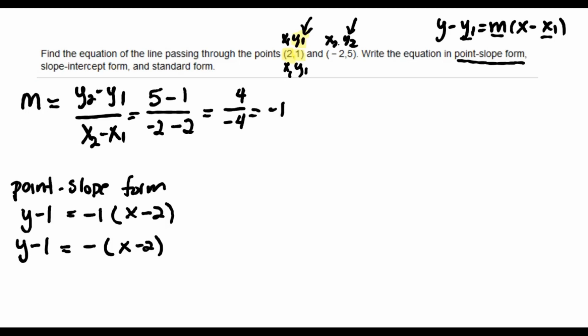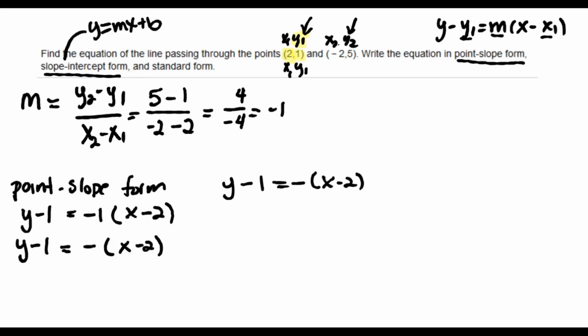The next thing we want to do is write that in slope-intercept form. So slope-intercept form is y equals mx plus b. So I want to take that equation that I already found, y minus 1 equals negative times x minus 2, and my goal is to get the y by itself.